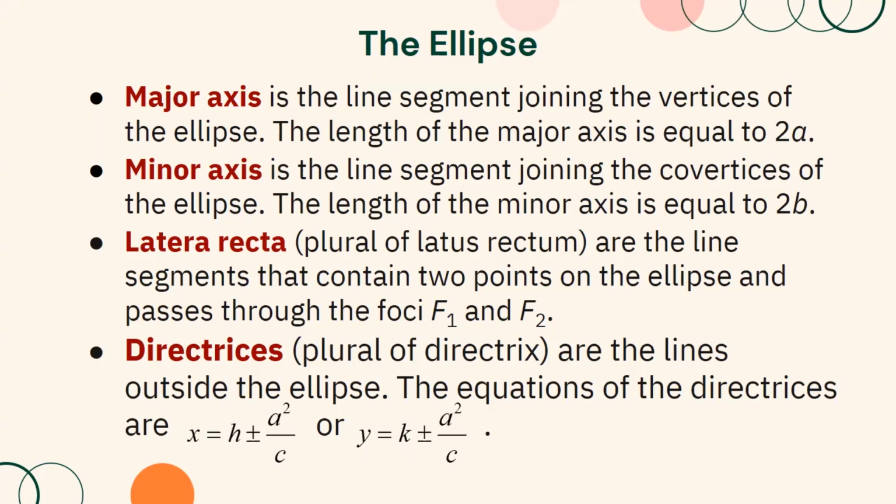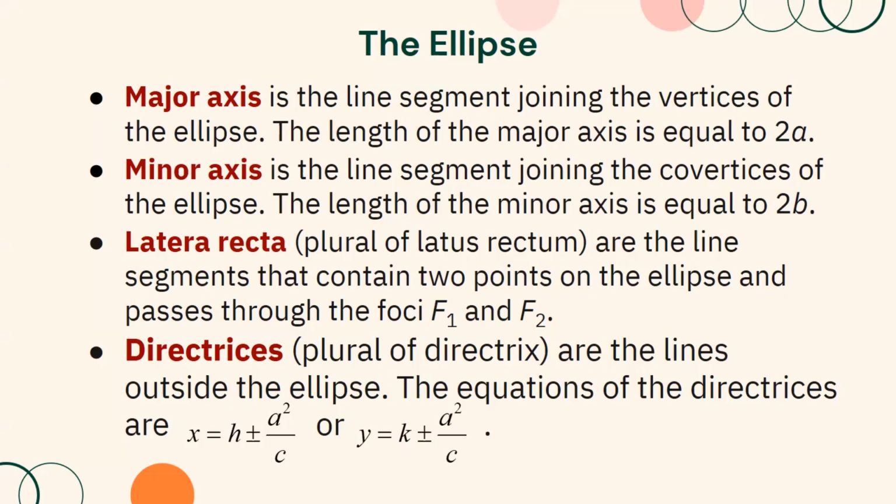Major axis is the line segment joining the vertices of the ellipse. The length of the major axis is equal to 2a. Minor axis is the line segment joining the covertices of the ellipse. The length of the minor axis is equal to 2b.